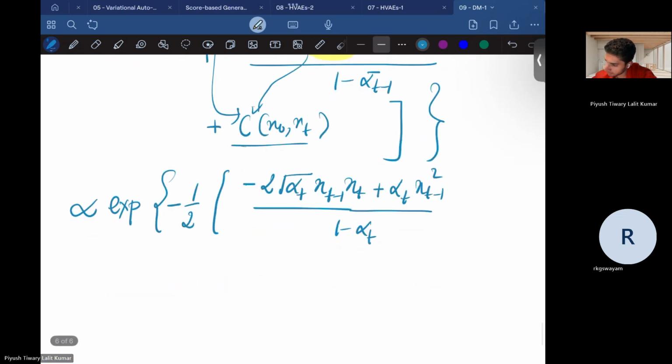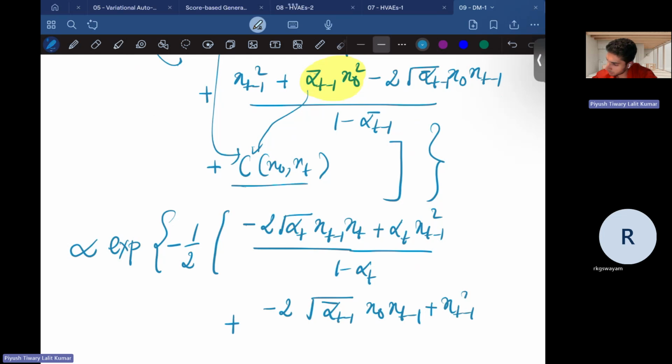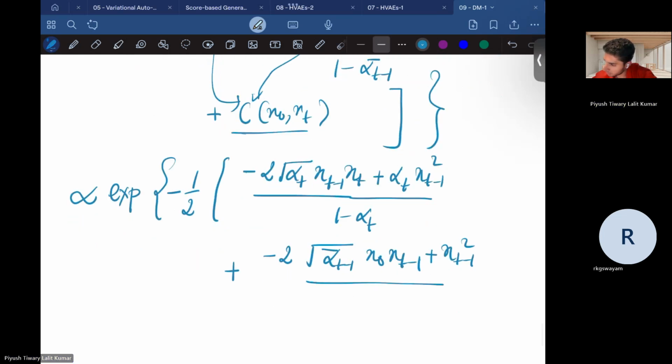That's the first term. Plus minus 2 square root of alpha t minus 1 bar x naught xt minus 1 plus xt minus 1 whole square, divided by 1 minus alpha t minus 1 bar.